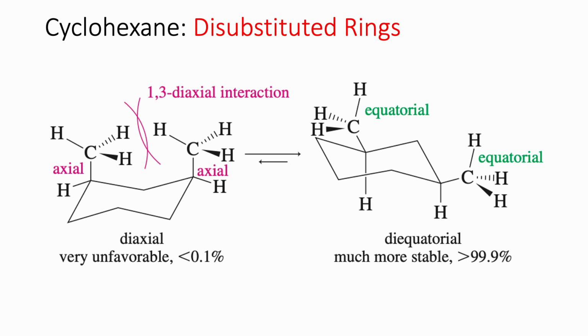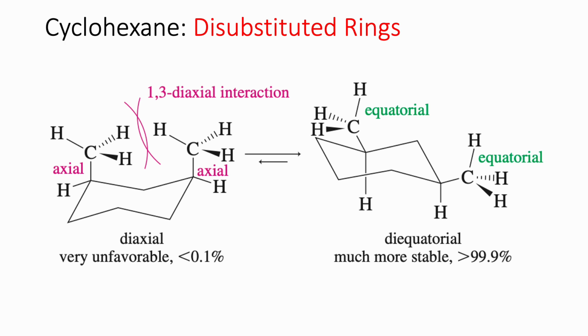So if we look here, this is a 1,3 disubstituted cyclohexane, which just means that one group is on carbon 1 and the other group is on carbon 3. So in this case, we have a cis 1,3 dimethylcyclohexane because both groups are on the same side of the ring. So this is a cis stereoisomer.